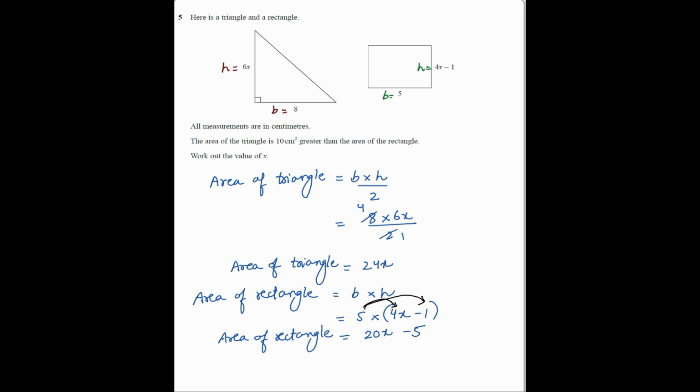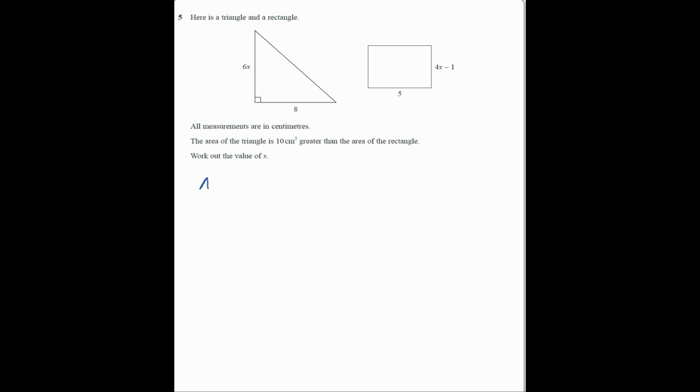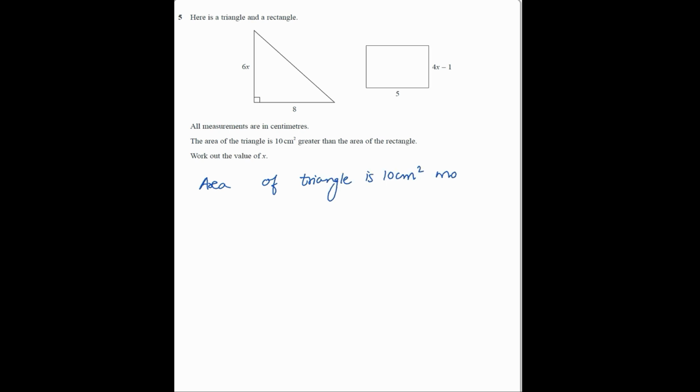Now we have both areas. As we know, in the question it is given that the area of the triangle is 10 centimeters square greater than the area of the rectangle. Now use this statement. So the area of the triangle is 10 centimeters square more than the area of the rectangle.